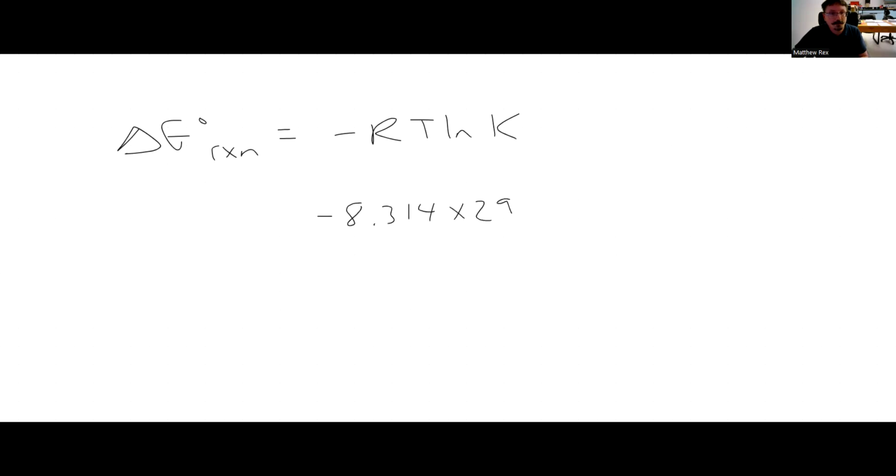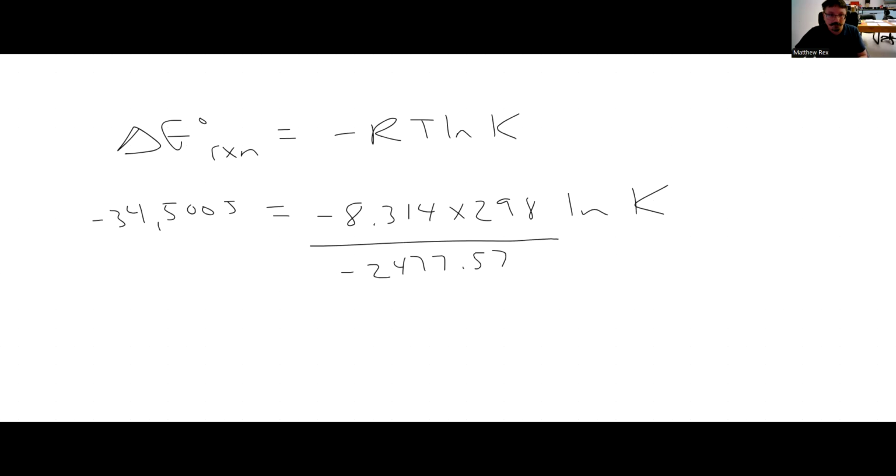My temperature, 298. We're trying to solve for K. And our delta G is negative 34,500 joules. So dividing both sides by this 8.314 times 298 gives me the 24,000 or so.